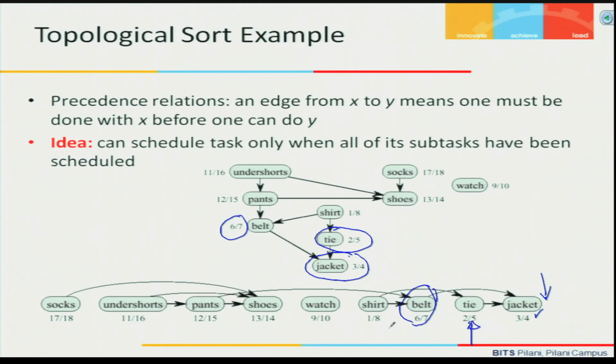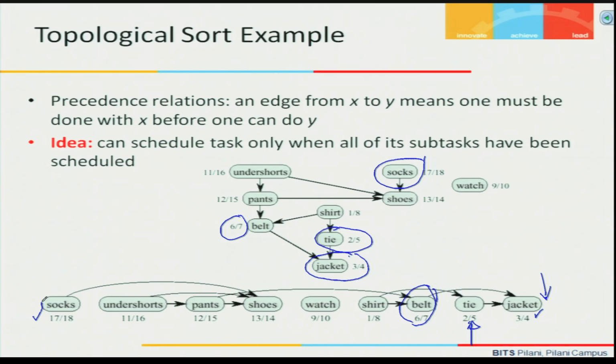The vertex which is going to be inserted last is the one which will have the maximum finish time, or which is marked black at the end of the procedure, which is here. This is going to be inserted last into the linked list.